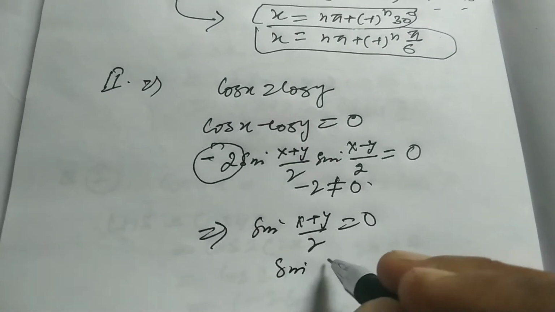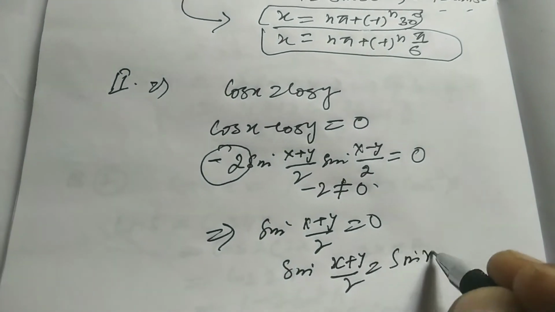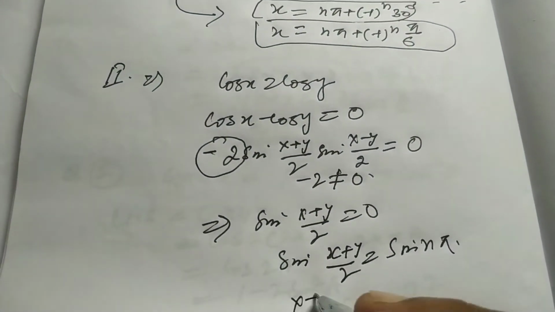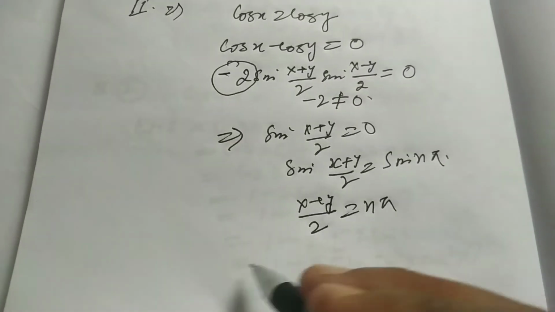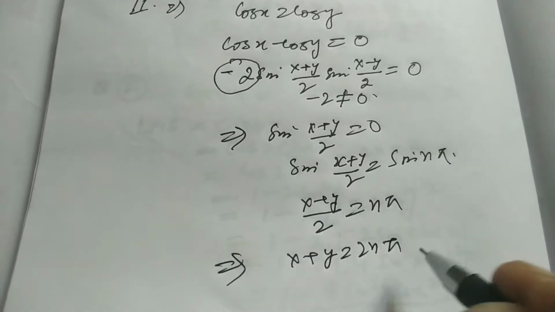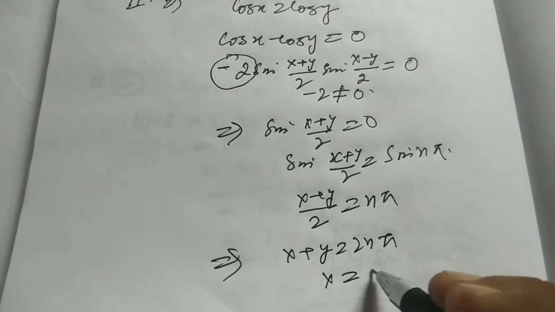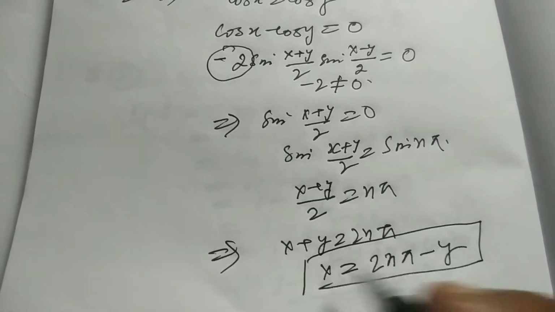That is sin x plus y upon 2 is equal to sin n pi, and x plus y upon 2 is equal to n pi. So x plus y is equal to 2n pi, and then x is equal to 2n pi minus y. That is the first equation.